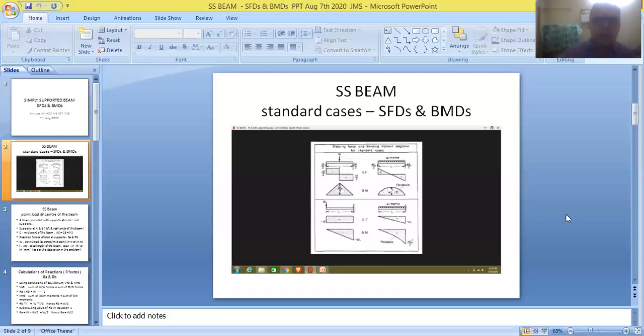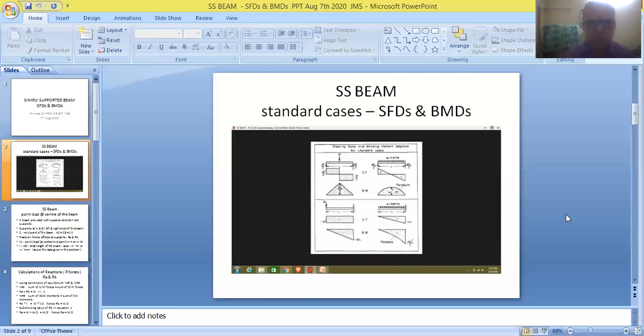So friends, the first figure is called the loading diagram, which indicates various loads acting on the top of the beam. The second figure indicates the shear force diagram. The last one indicates the bending moment diagram. Generally, the loading diagram will be given in the problem.